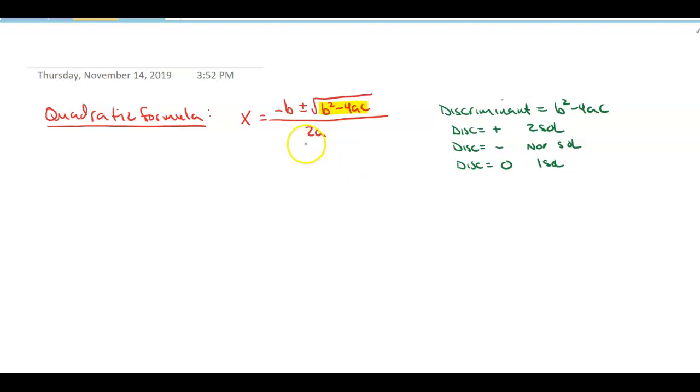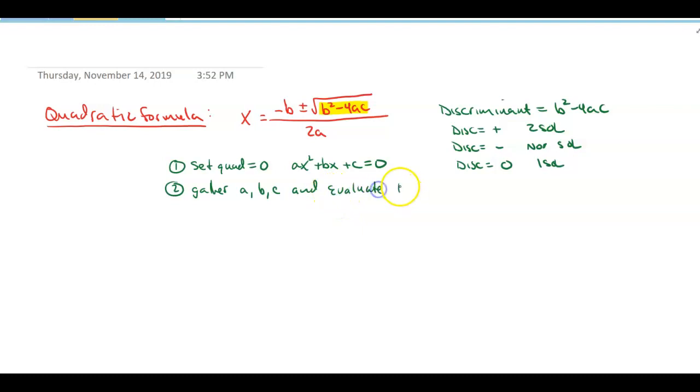So when we go to do this, the first thing I like to do, you must do, is set the quadratic equal to 0. So you should have it in the form ax squared plus bx plus c equals 0. Then you're going to gather a, b, and c and evaluate the discriminant.